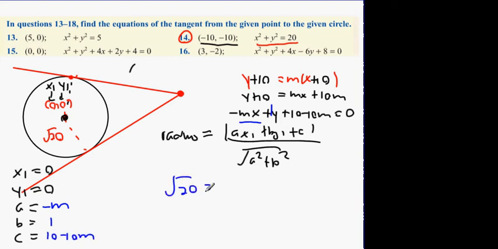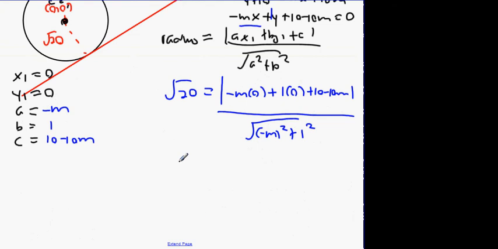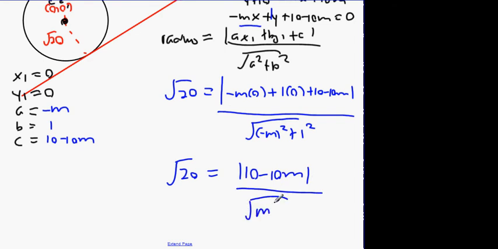Root 20 equals ax1, where a is minus m times 0, plus 1 times 0, plus c, which is 10 minus 10m, all over the square root of minus 1 squared plus 1 squared. Okay, tidy up. Root 20 equals 10 minus 10m, and then under here is the square root of m squared plus 1.